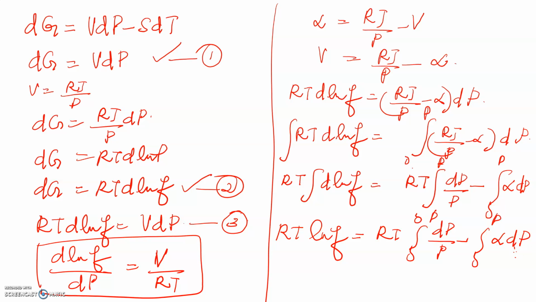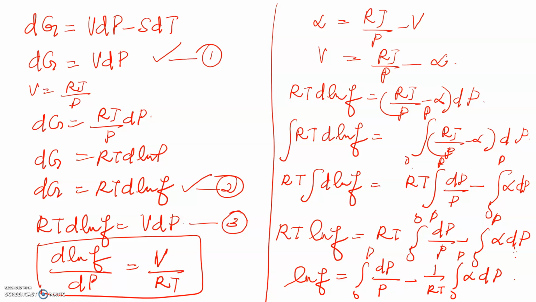Dividing throughout by RT, RT and RT cancel out. We have ln f is equal to integral 0 to P dP by P minus 1 by RT integral 0 to P alpha dP. So now we have an equation for ln f.